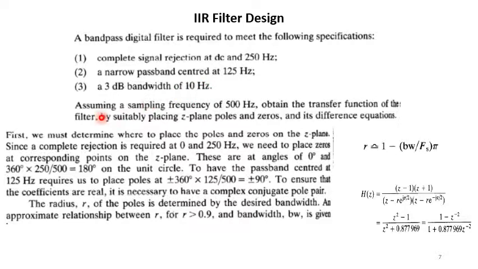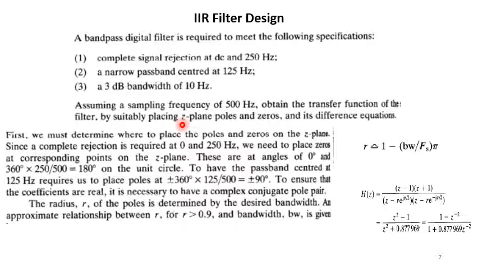Assuming a sampling frequency of 500 Hz, obtain the transfer function of the filter by suitably placing poles and zeros in the Z plane, and we also have to find the difference equation. So the filter will have characteristics something like this.